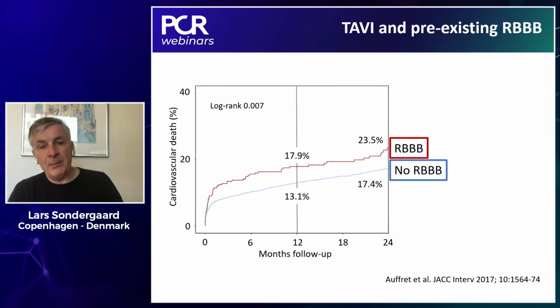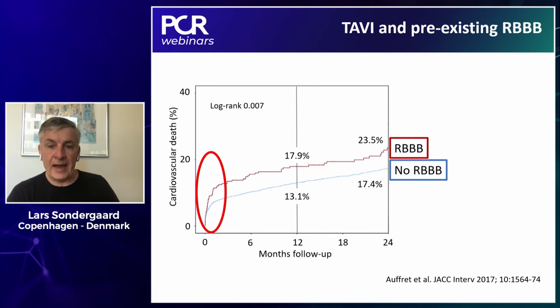I think the patient we struggle with most is the patient with pre-existing right bundle branch block. We saw a study a couple of years ago showing that these patients have an increased mortality rate after TAVI. You see here at 12 months, 18% compared to 13% in patients without pre-existing right bundle branch block. And the increased mortality is actually happening within the first couple of weeks after the procedure.